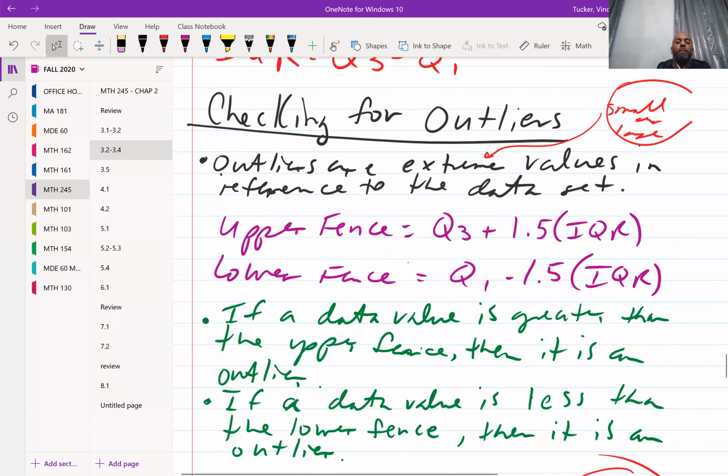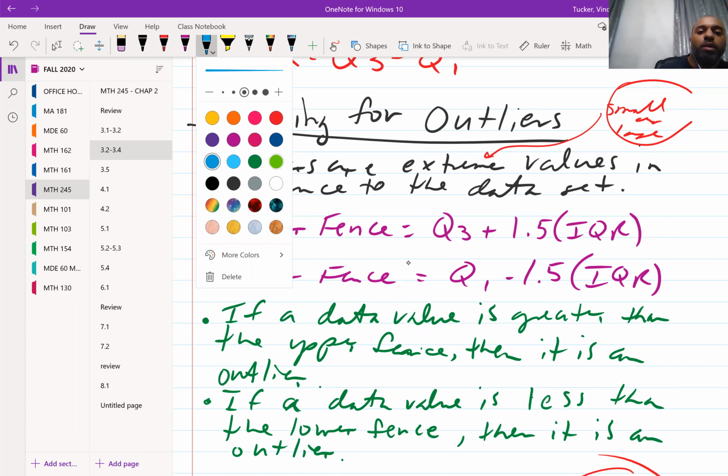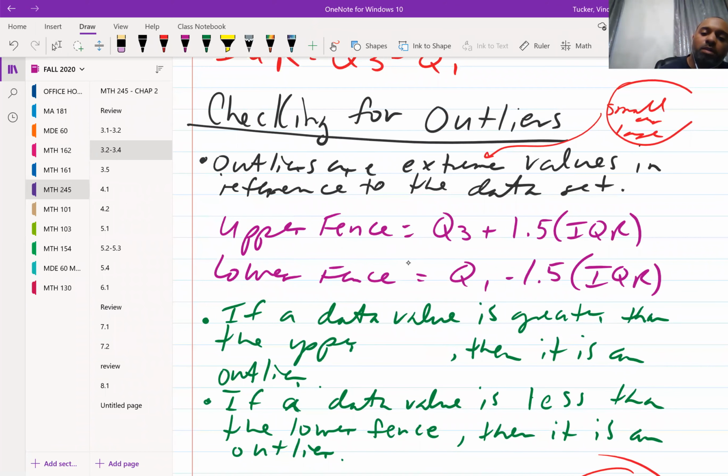Okay. If a data value is greater than the upper fence, then it is an outlier. And if a data value is less than the lower fence, it's an outlier.